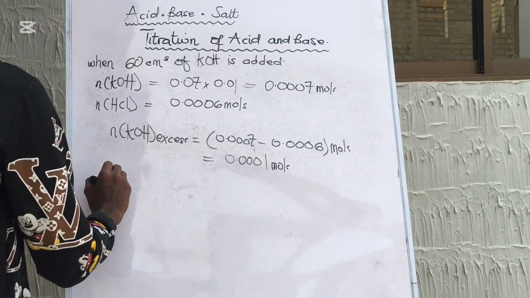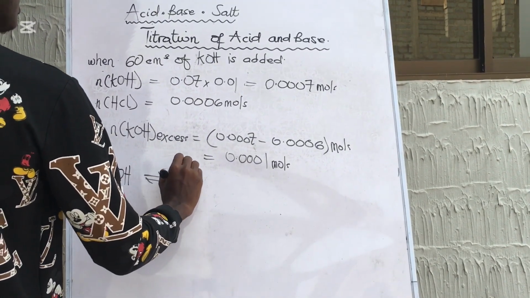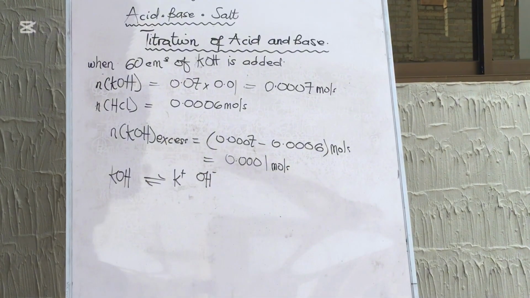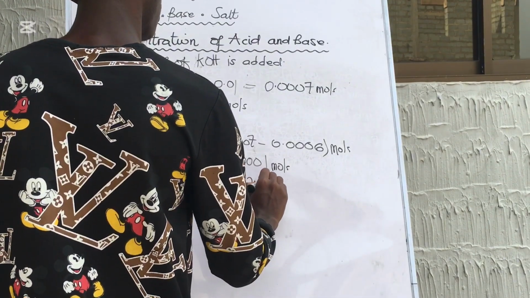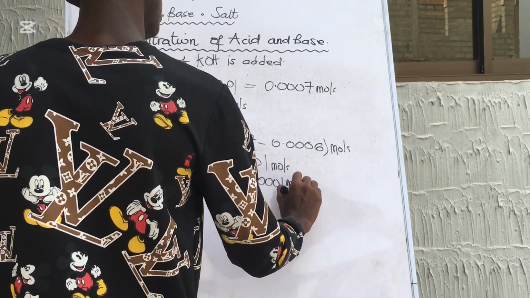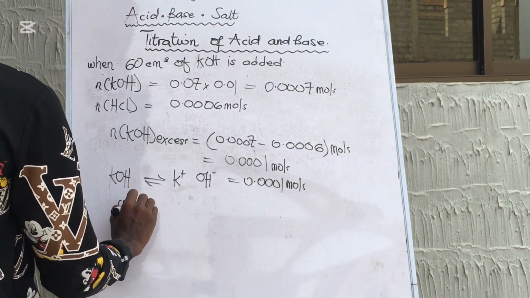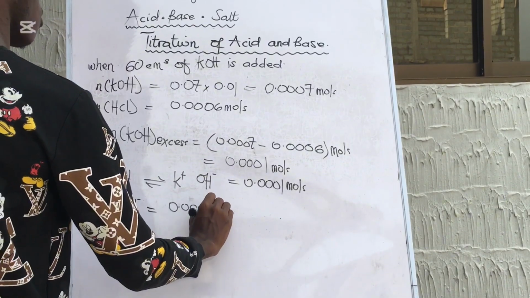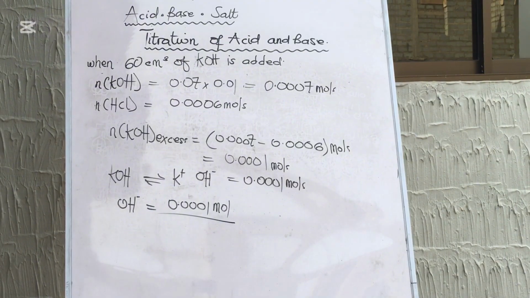Now KOH is the same thing as K plus and OH minus. Because they are all in a ratio of 1:1, this means that the moles of the OH minus is also 0.0001 moles. Now we need to find the concentration of the OH minus. So OH minus will be given as 0.0001 mole divided by the total volume. So the total volume here we are having 70 plus 60, which is 130 centimeter cube.